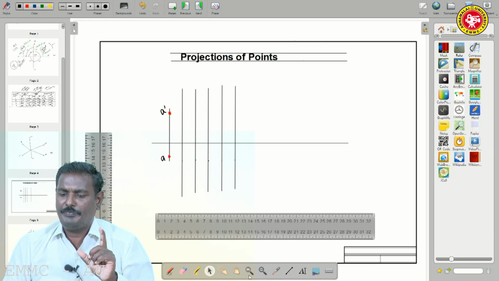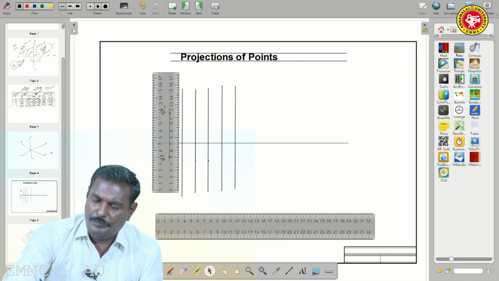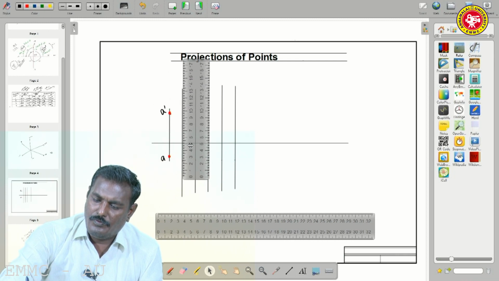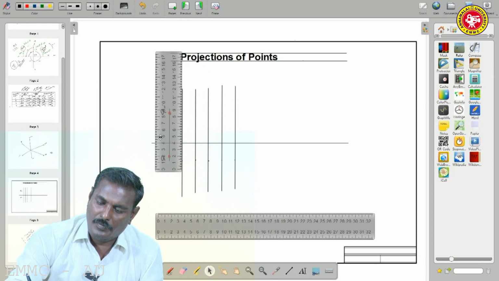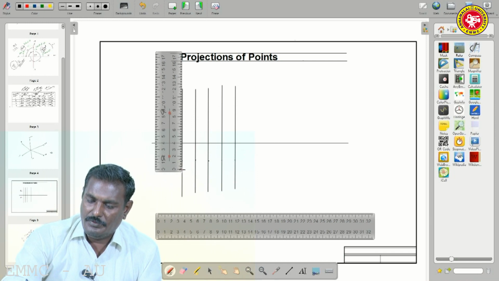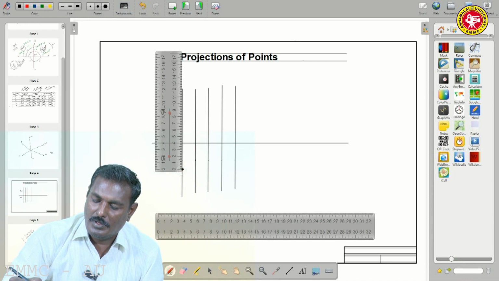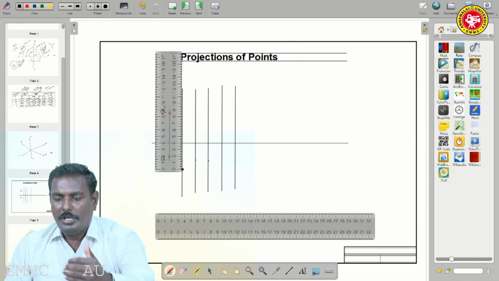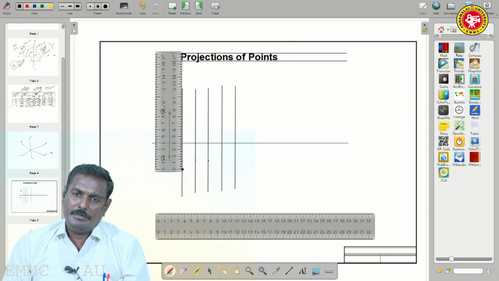Below XY. So you have to measure 40 mm below XY, that is the horizontal line.